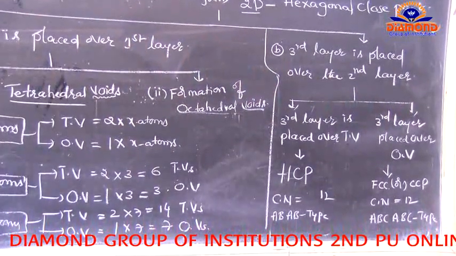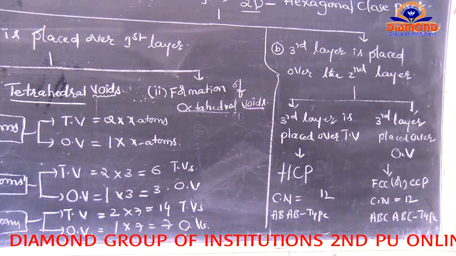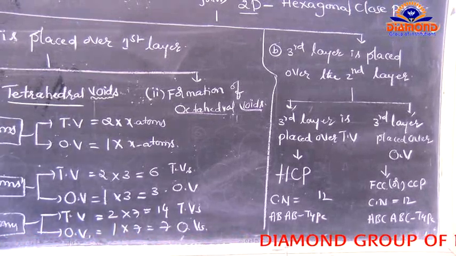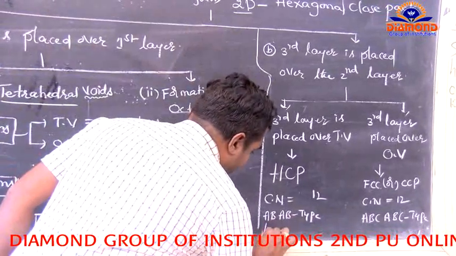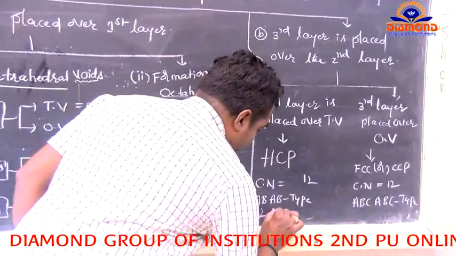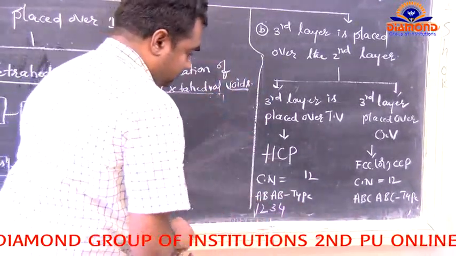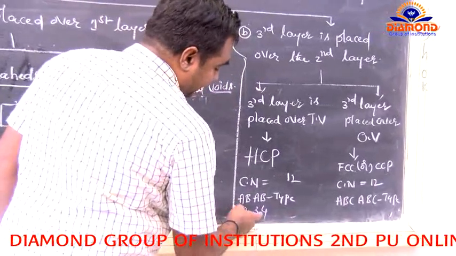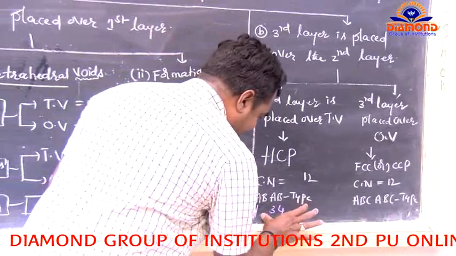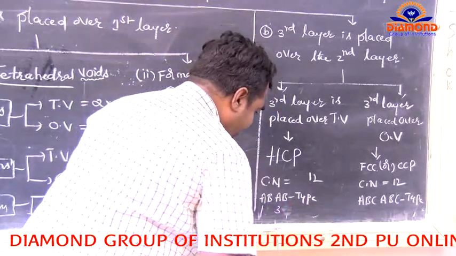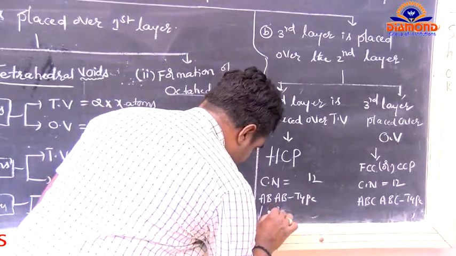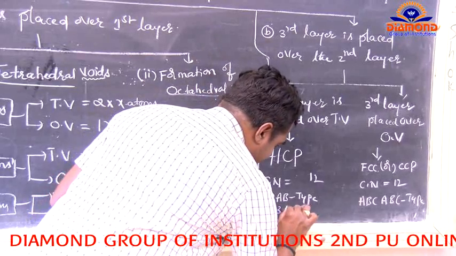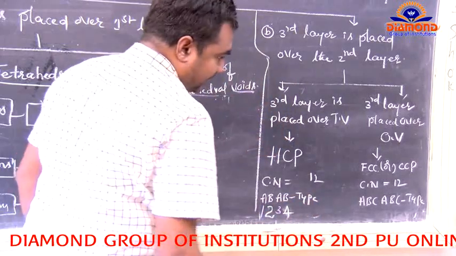But here, AB means 1, 2, 3 and 4. So here 1 is similar to the third one, and the second one is similar to the fourth one.